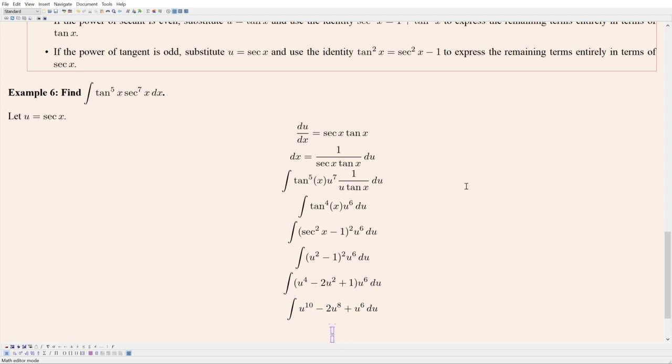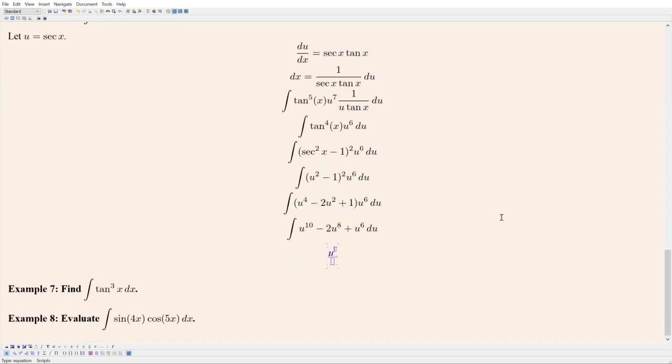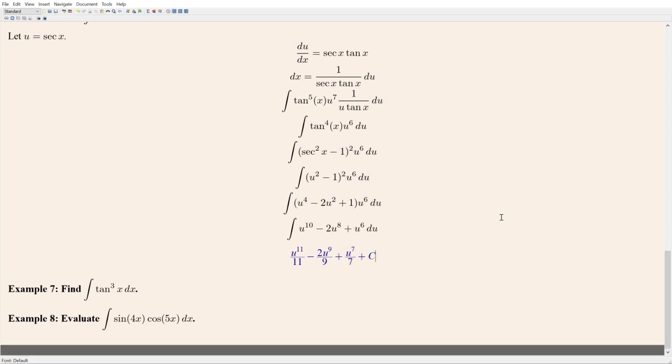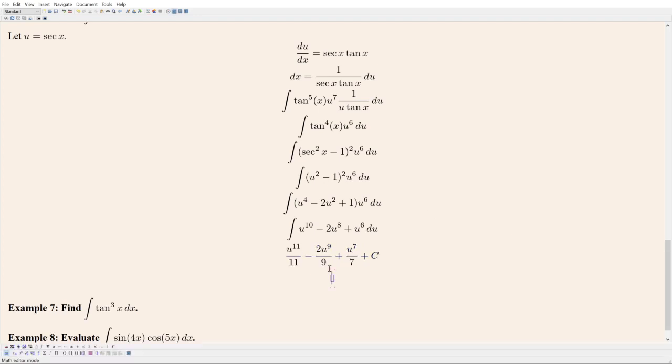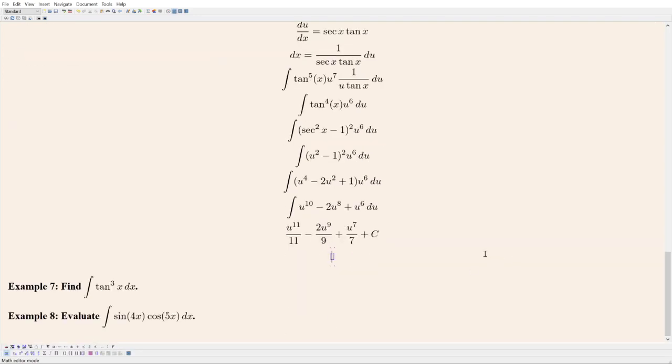Then hit it with the power rule. So u to the 11 over 11 minus 2u to the 9 over 9 plus u to the 7 over 7. And then finally, just replace the u with secant.